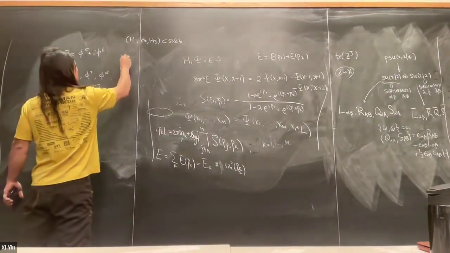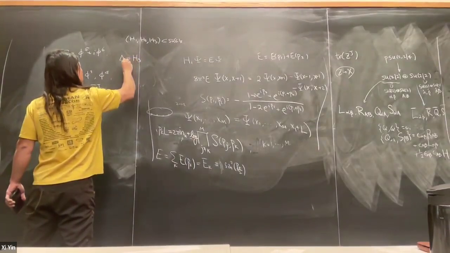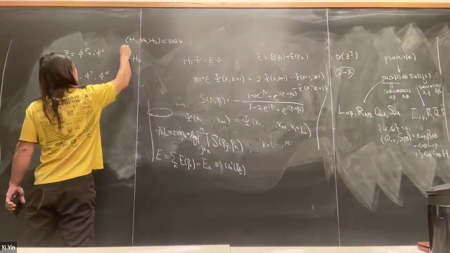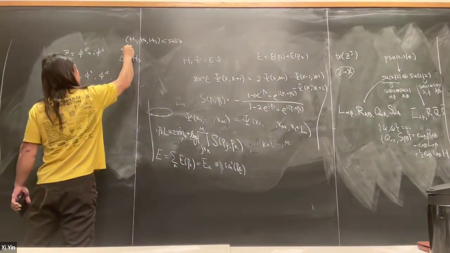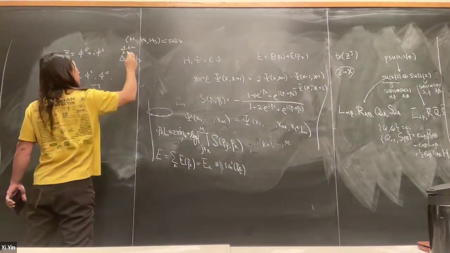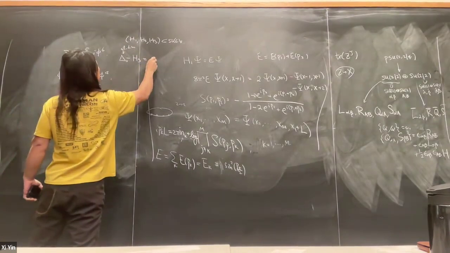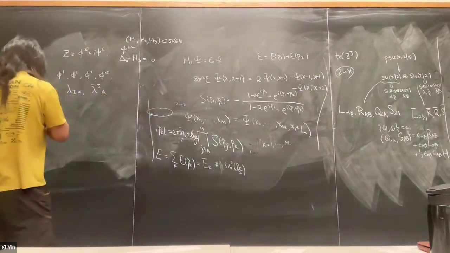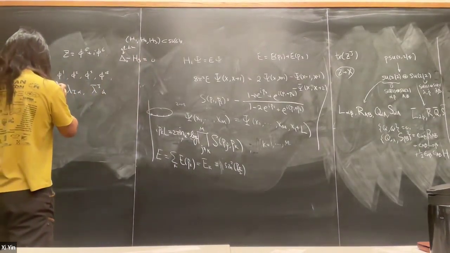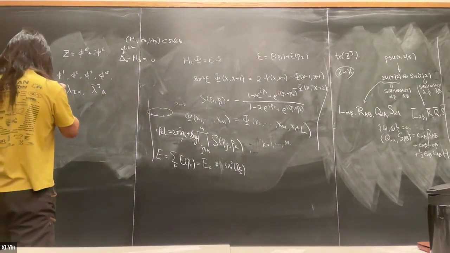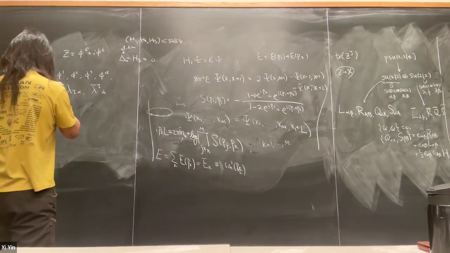Now we're going to restrict to the states with Δ0 minus H3, where Δ0 is the classical dimension, equal to... oh, this is a typo. It's meant to be equal to 0.